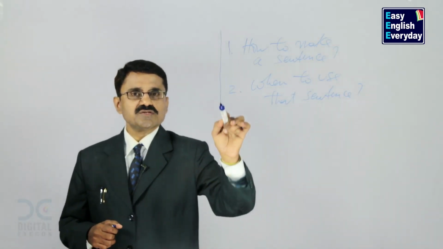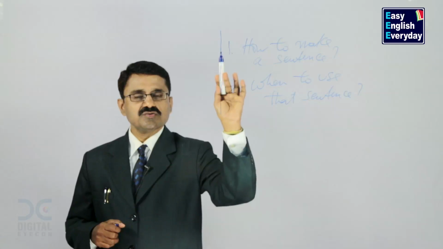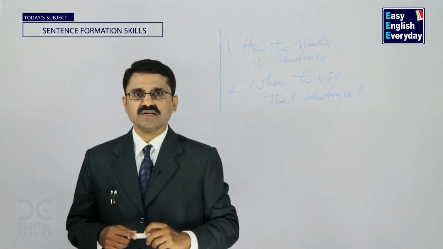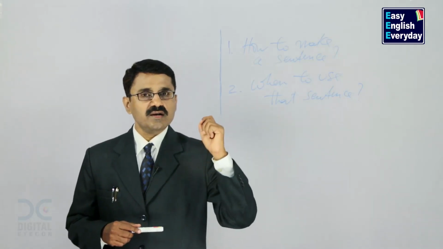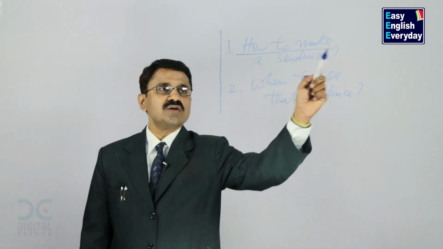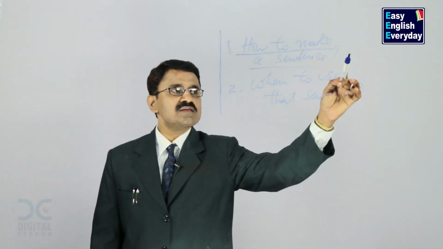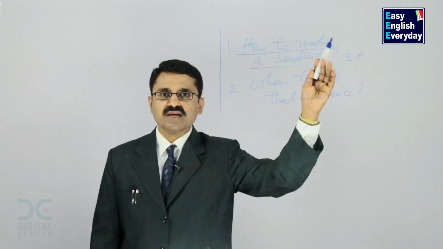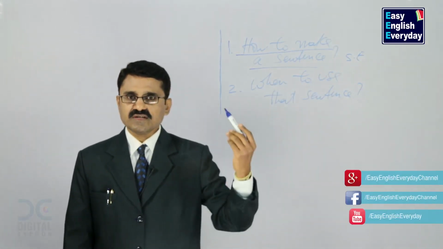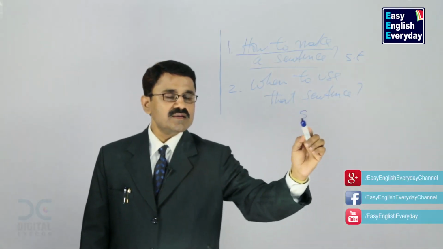The entire process of learning English language should depend only on these 2 points: how to make a correct sentence in English language and when to use that sentence. When you concentrate on how to make a sentence, you are learning sentence formation, you are learning sentence structure. And when you are trying to know when to use that sentence, you are learning situations.